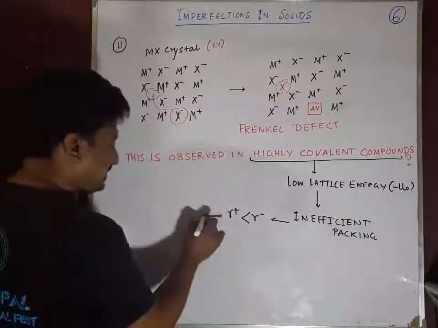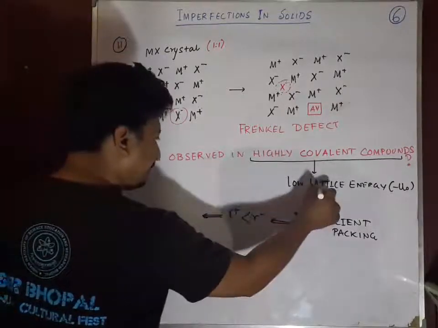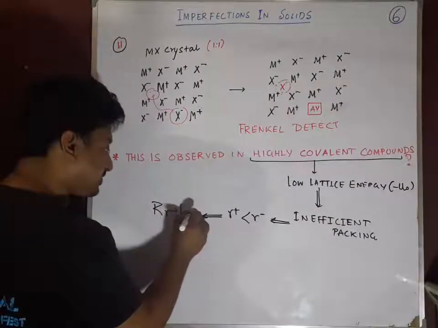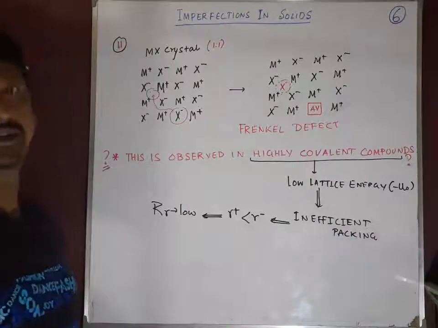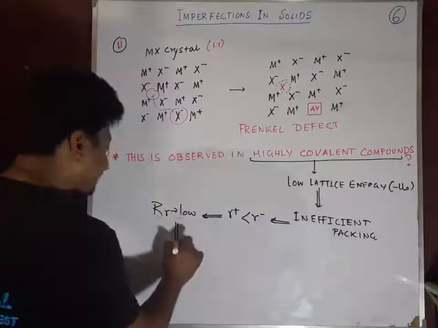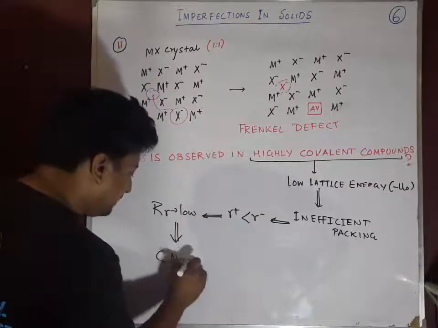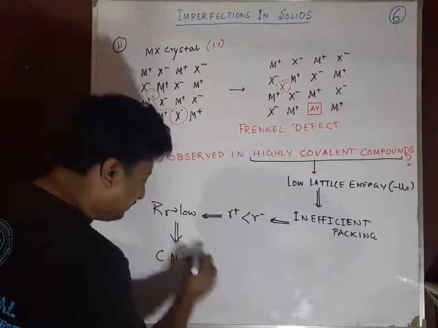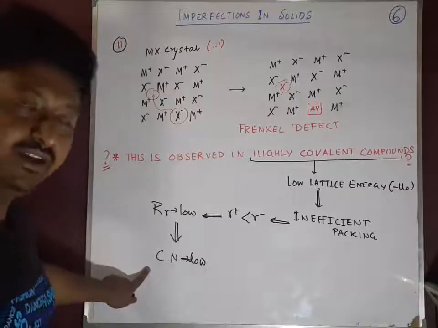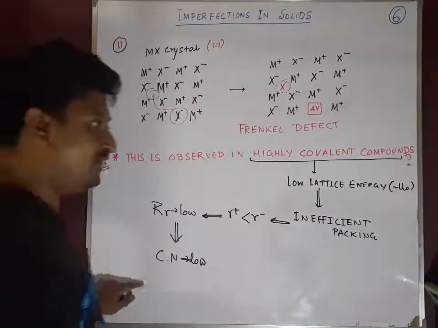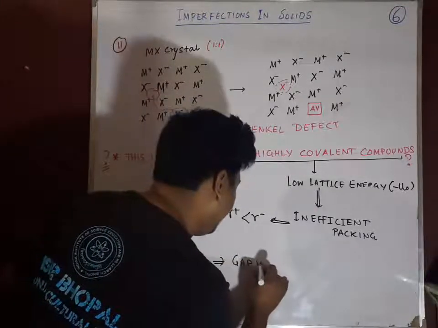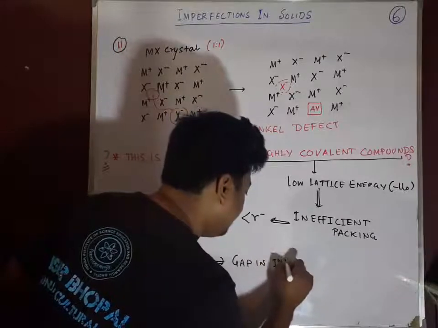That means your radius ratio is very low. Now, if the radius ratio is low, then your coordination number will also be low. And if the coordination number is low, then what will happen? There will be a high gap in the interstitial region.